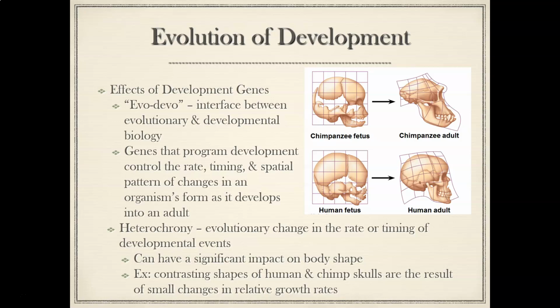They don't fuse as early. And so we can see this pretty significant change in cranial size as a result of that change in that particular gene structure, allowing, theoretically, for us to have a larger brain size and the ability for some of the higher order cognitive function that we have above a chimp.